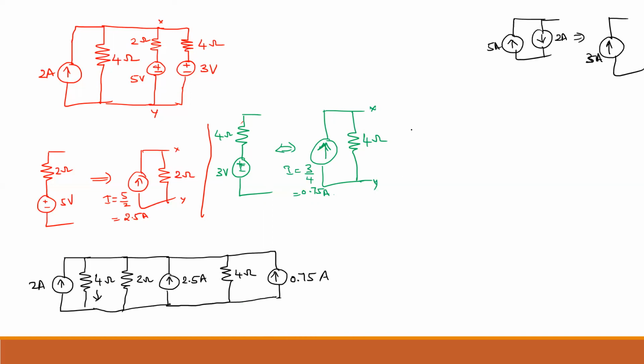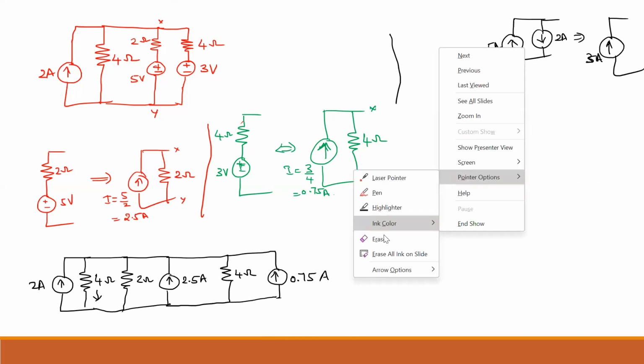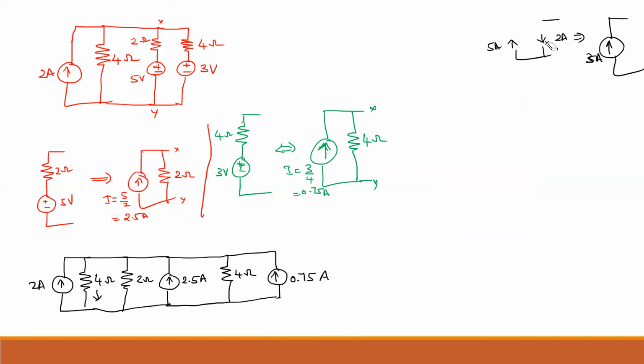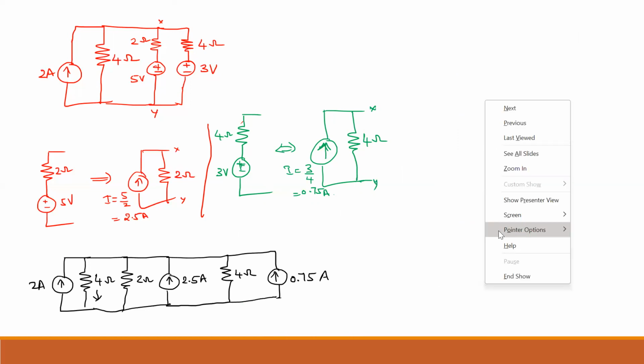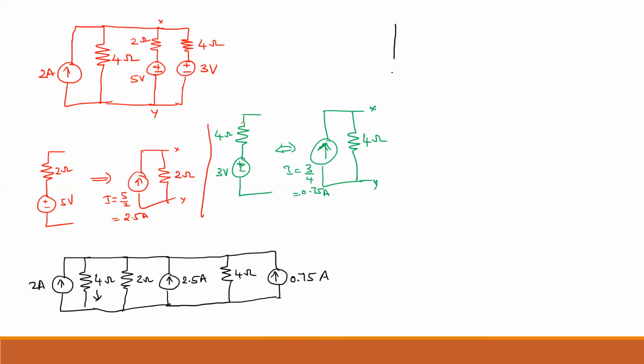So then your circuit will become a current source which is equivalent to 2 plus 2.5 plus 0.75.